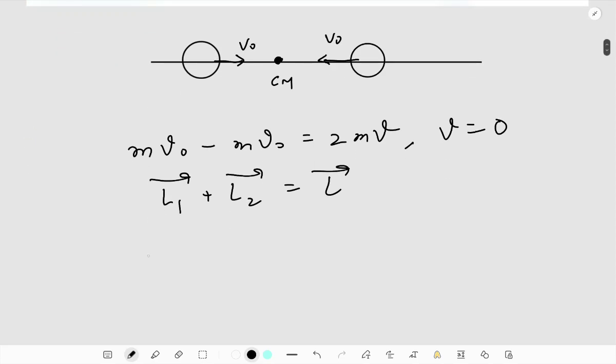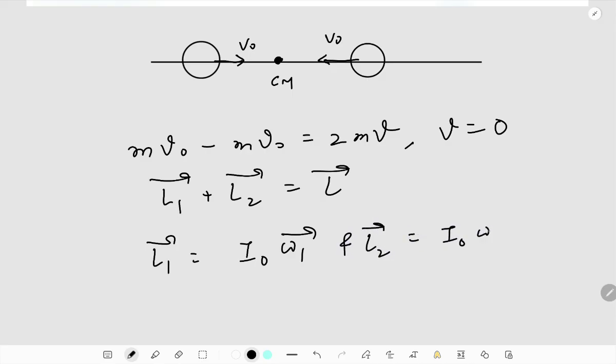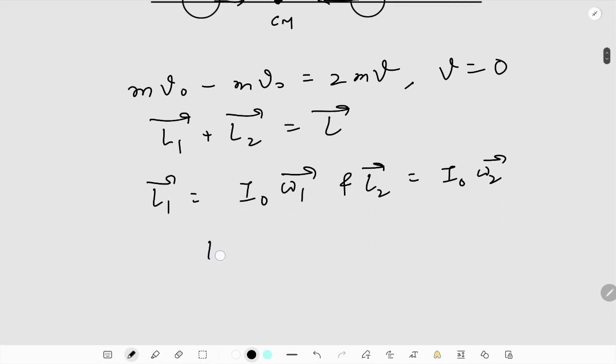So we can write here L1 equals I naught omega 1, since both have the same moment of inertia, and let their magnitudes be the same, and L2 equals again I naught omega 2, and L is of course the final moment of inertia after the bodies merge, multiplied by its angular velocity.